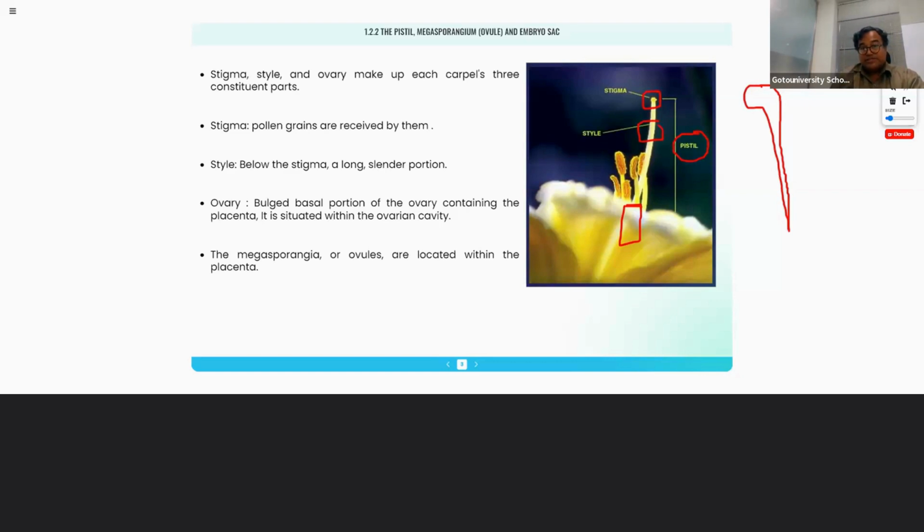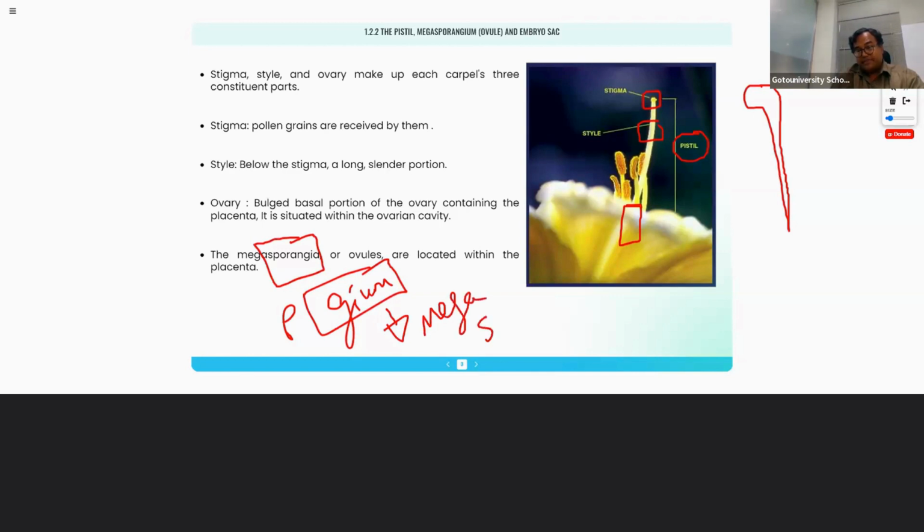The continuation of the slide is megasporangia, the word we are using for plural. Megasporangium is singular. This megasporangium is responsible for holding the megaspore mother cell.